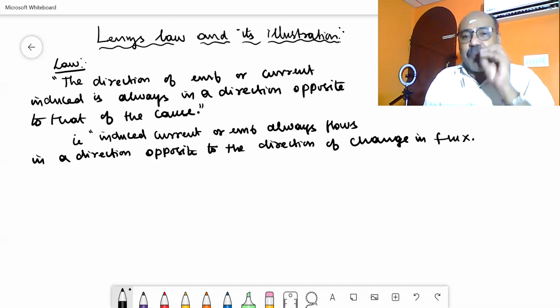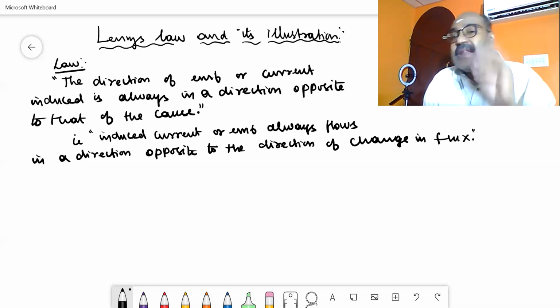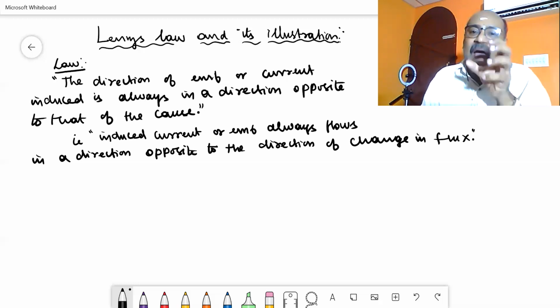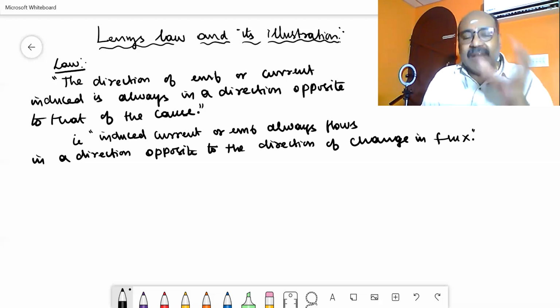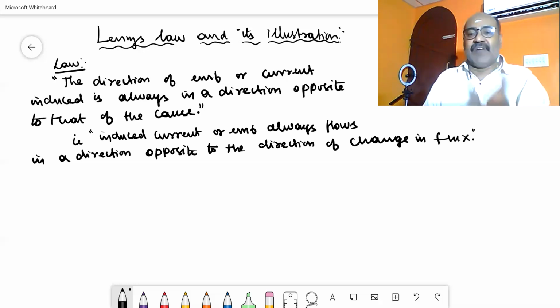How can you prove or illustrate with the help of an experiment or an activity that the EMF induced is always in a direction opposite to the direction in which the flux changes, or opposite to the cause?